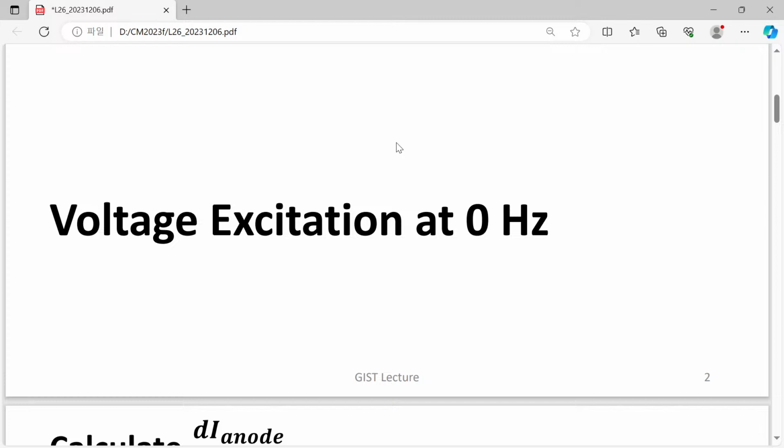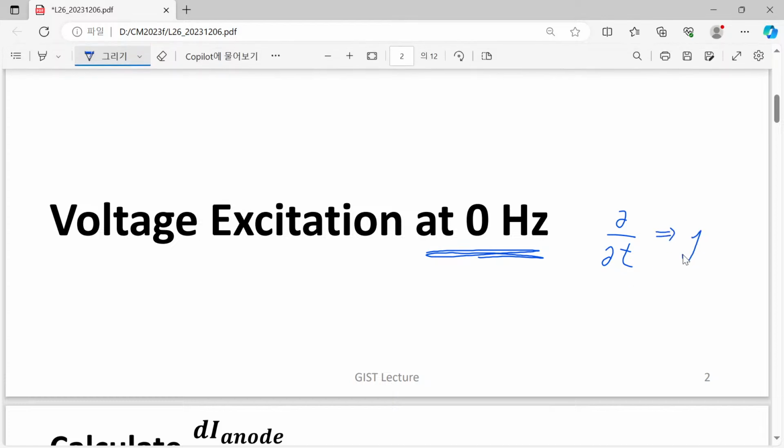So first, I wanted to start with voltage excitation at 0 Hertz. Why do we have this specialized condition? It is because we have to consider the operator ∂/∂t when we consider non-zero frequency. If we have non-zero frequency, then this operator will be converted into jω.